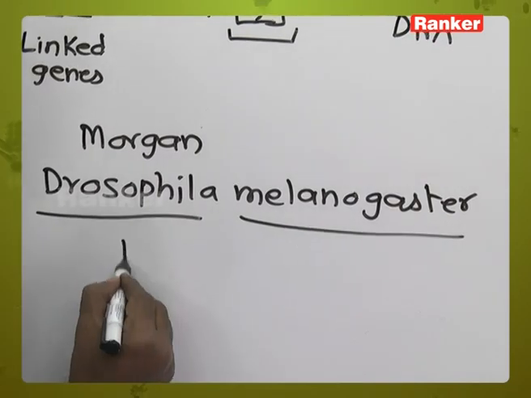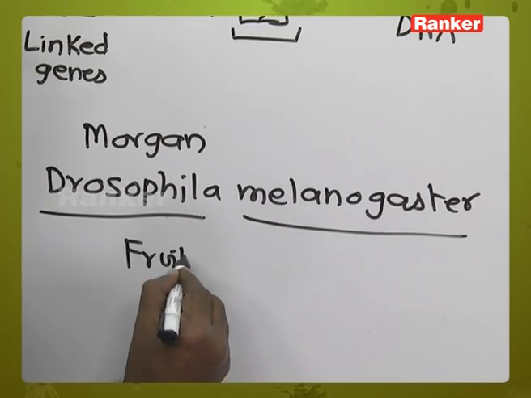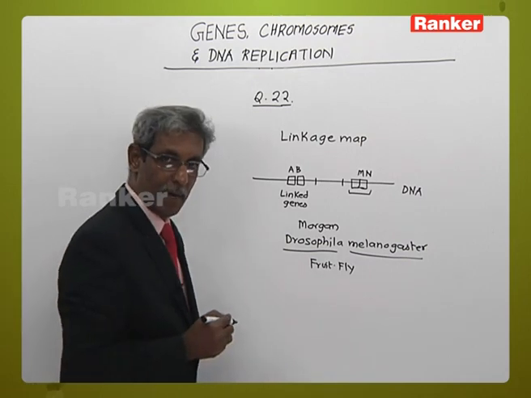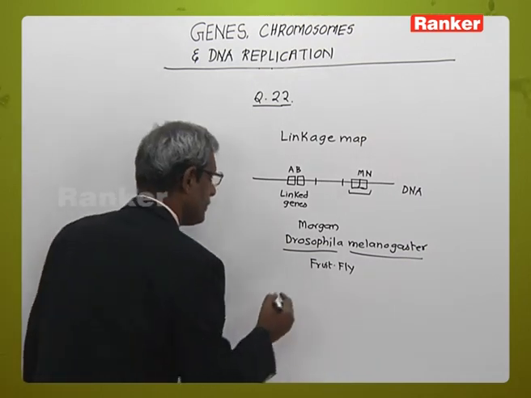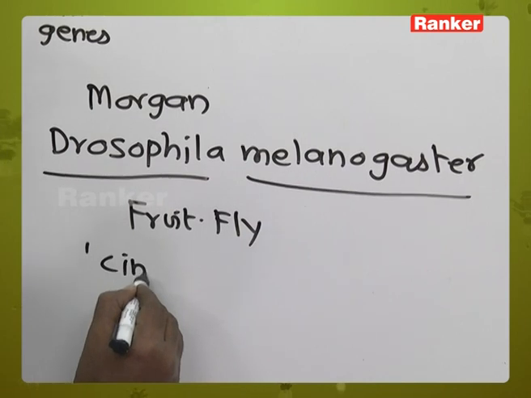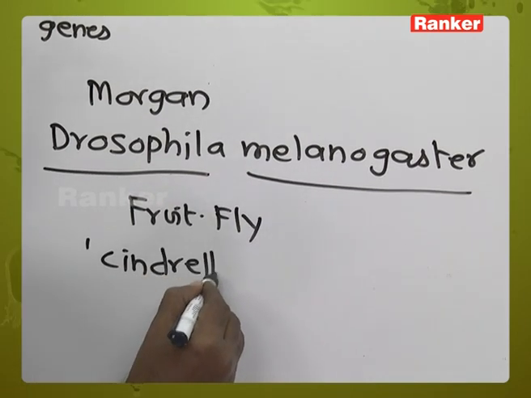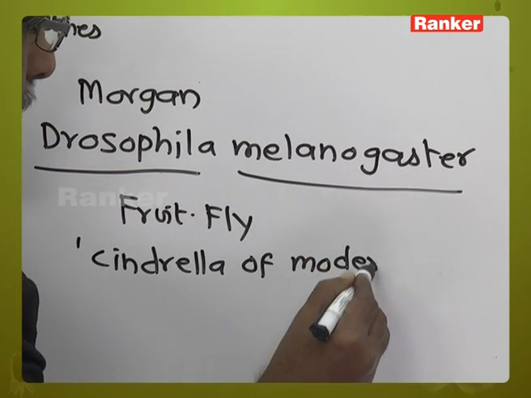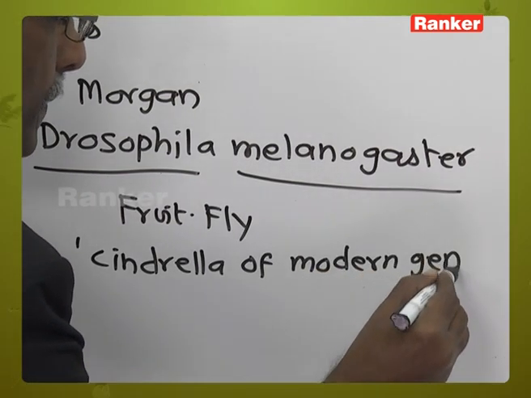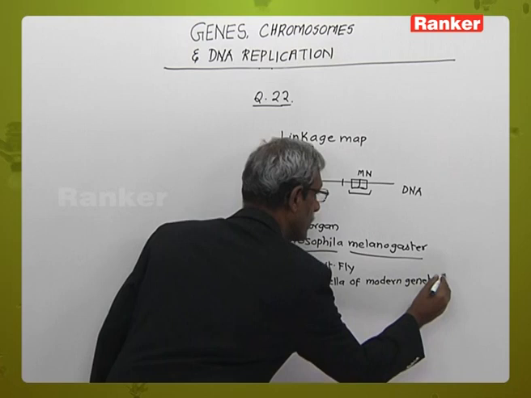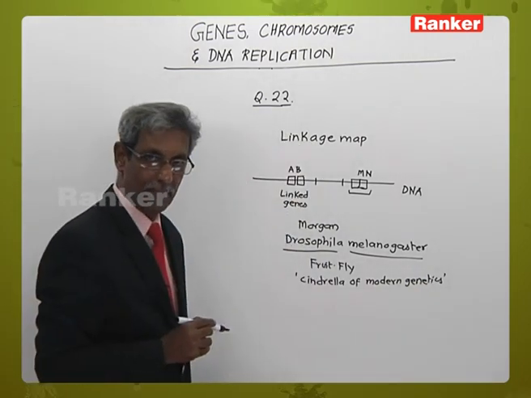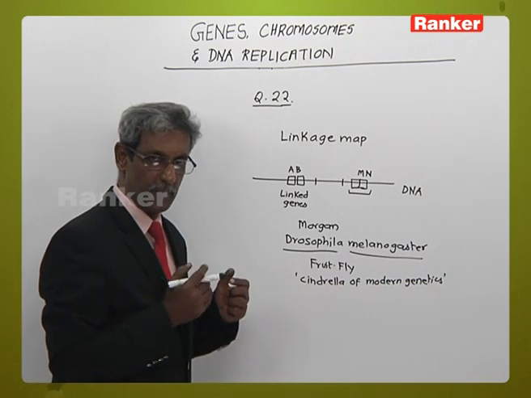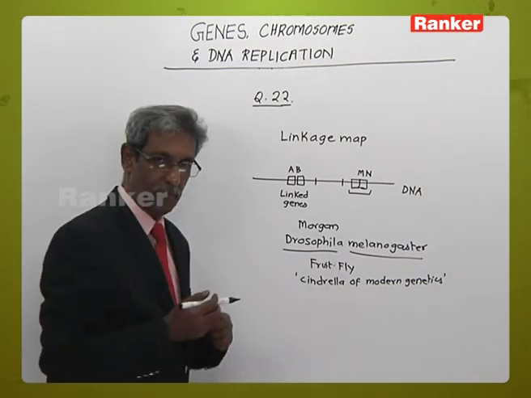Drosophila melanogaster is otherwise termed as a fruit fly. Drosophila melanogaster is also called the Cinderella of modern genetics, because all studies on linkage as well as crossing over have been done with Drosophila.